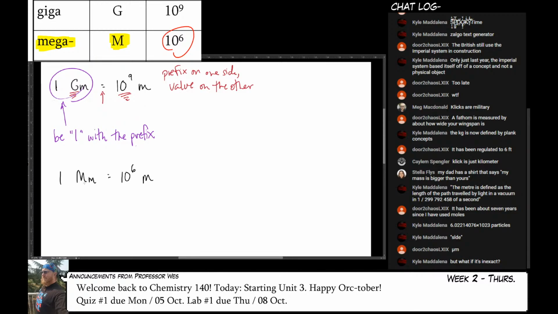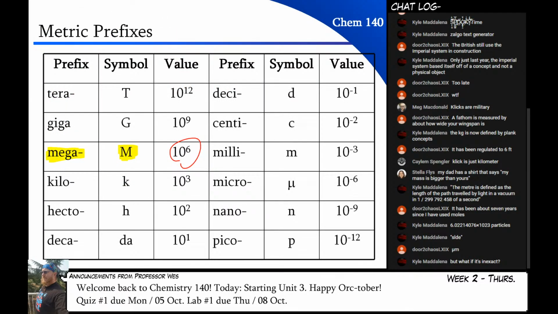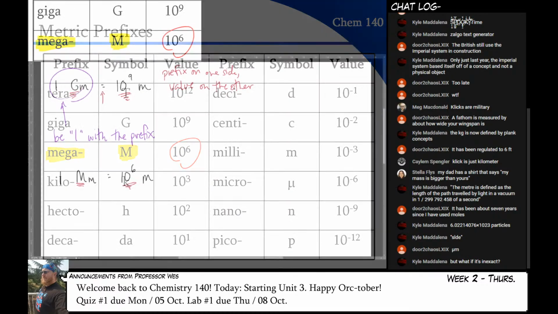And again, just like before, here's my mega, that equals 10 to the 6. I have the 1 and the prefix on opposite sides of the equality. So therefore it is equal. All right, how do we feel about that? Can we take these numbers from this chart? I'm going to go back to the lecture slide. Can we take these numbers from this slide and prepare equalities like this?